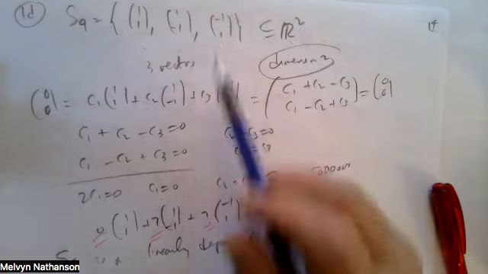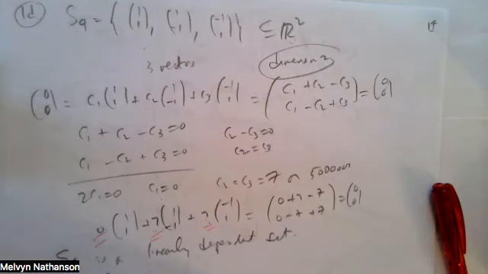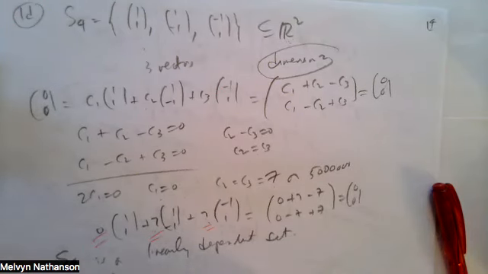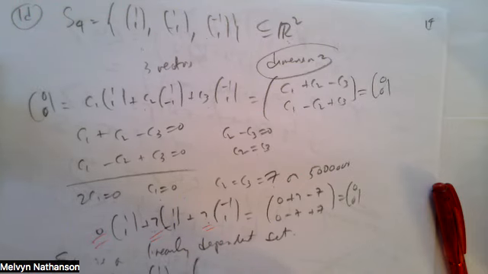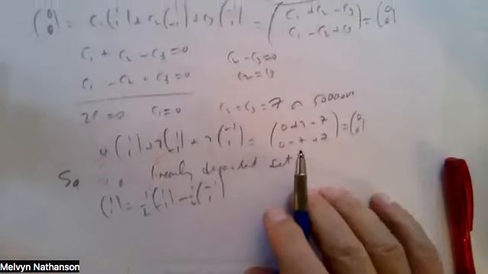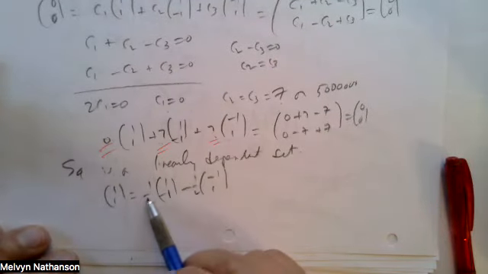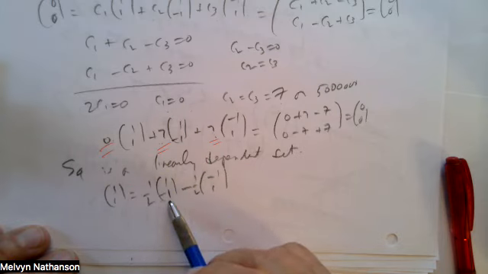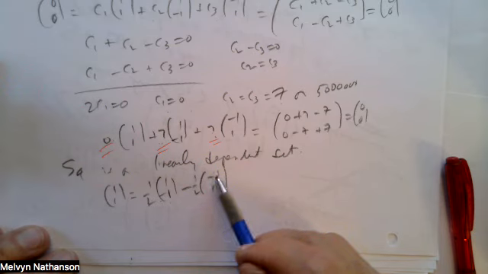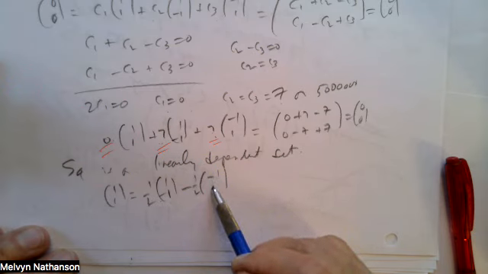In fact, if you look at this, the vector (1, 1) can be written as a half times the vector (1, -1) minus a half times the vector (-1, 1).